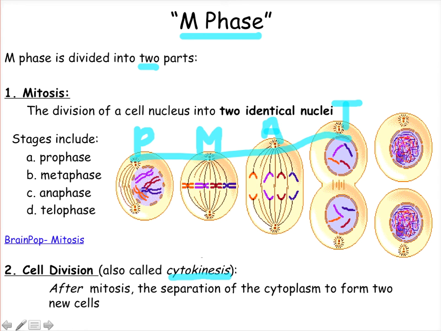This occurs after mitosis. These ones here show the division of the cytoplasm into 2 new cells. It's basically taking this cell that's in telophase and finishing the division there to make 2 new cells.